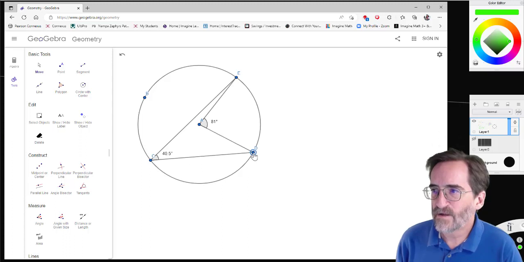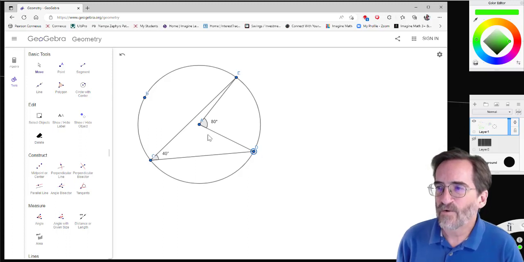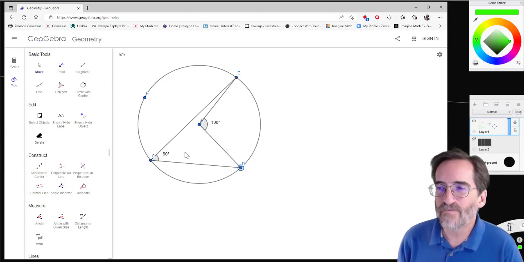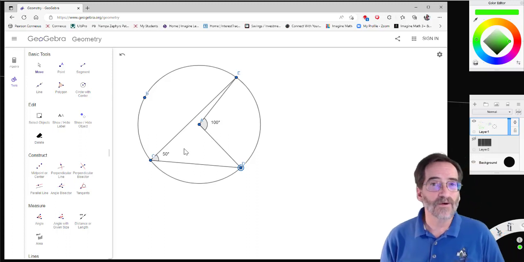Now when the central angle is 80 degrees, the inscribed angle is 40 degrees. Let's make it 100. There we go, 150. What do you notice, I hope?